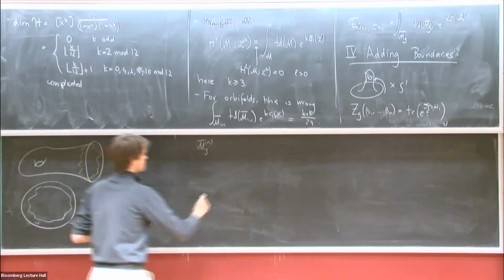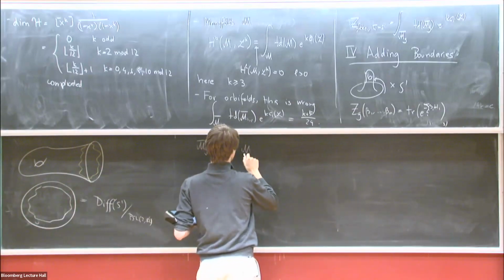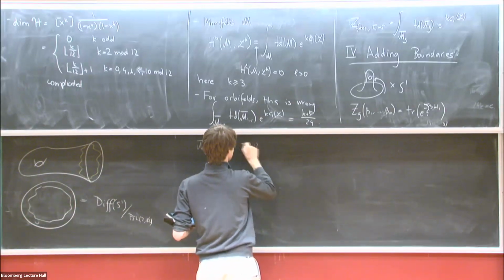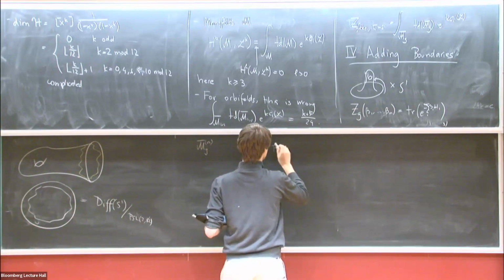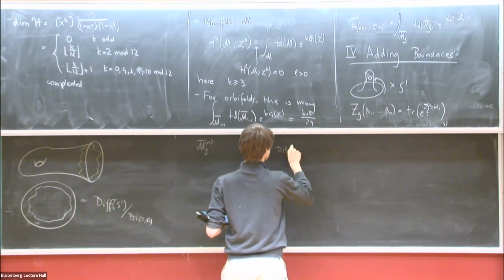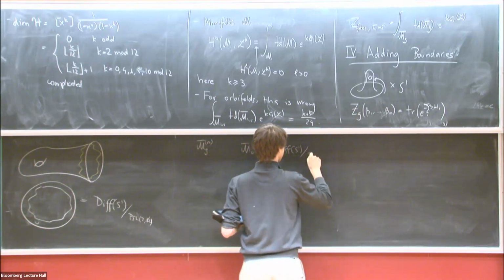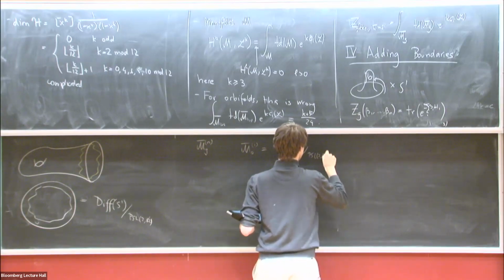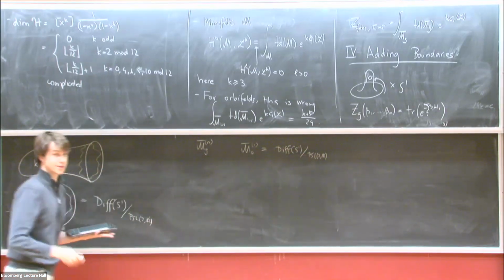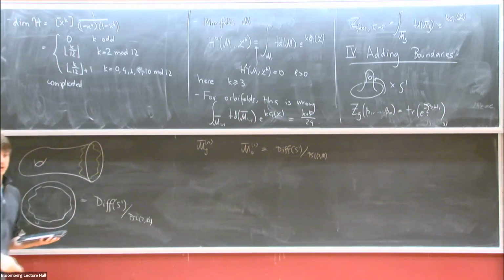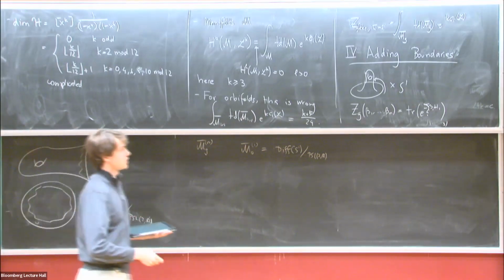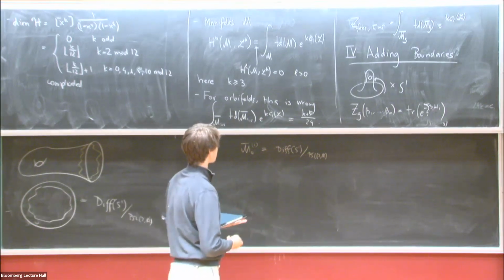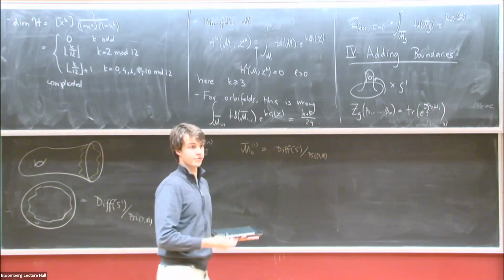In the simplest case, as I said, this M0,1 is just Diff S1 mod PSL2R. Okay, so we still want to quantize this phase space, but taking care of the U1 actions now. Mathematically, if there's a U1 action, it means that we want to do everything equivariantly.